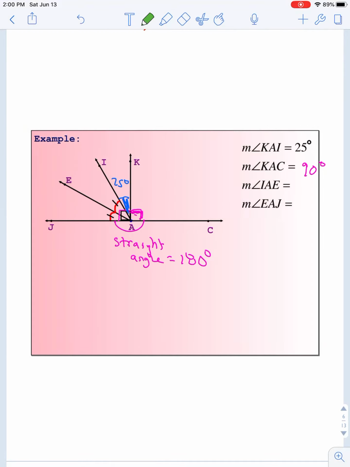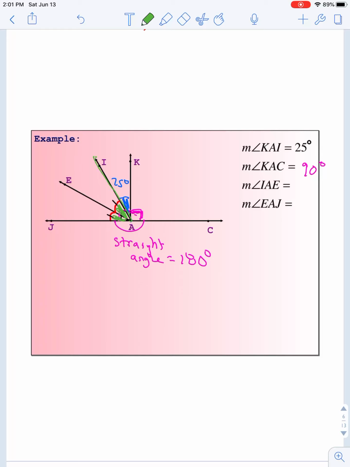The next thing they want us to find is IAE. So that is this angle right in here. Well, how are we going to find that? Well, notice that these two angles right here are the same. They are marked with one tick mark.